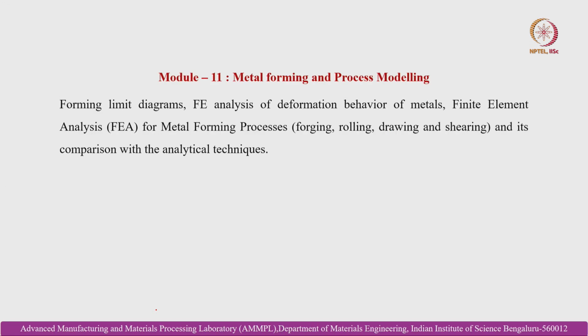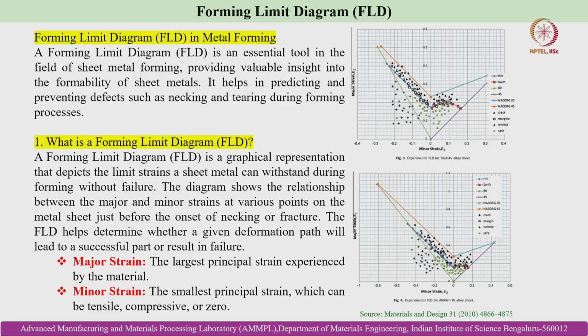Now we have discussed the brief overview of the process modeling aspects applied to MIM or CIM processes. Now, we will discuss briefly the process modeling aspects applied to metal forming. Before doing that, we will discuss the forming limit diagram, because the forming limit diagram serves as a key diagram to investigate the formability of sheet metals.